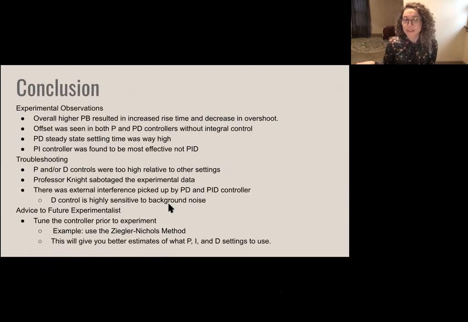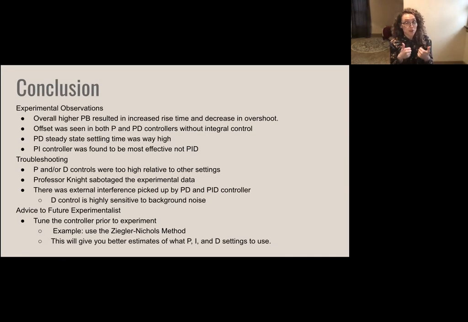So, what did we learn? Well, overall, the higher our proportional band got, it resulted in an increased rise time and a decrease in overshoot. The second one was offset was seen in both P and PD controllers where there was no integral control.